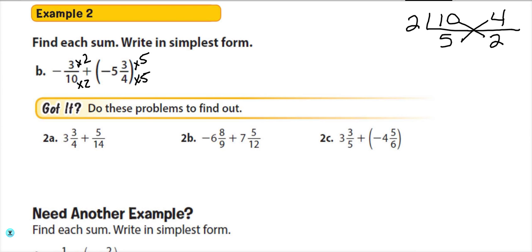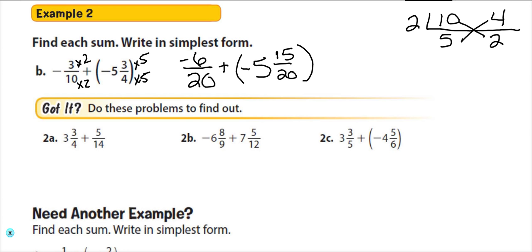Okay, so let's do this. It's going to be negative 3 times 2, which is negative 6, over 20, plus negative 5, and then we're going to have 15 twentieths. Now we've got to figure out, do we have same signs or different signs? We have a negative and a negative. So same signs, add and keep. So we have technically nothing there, so 0 and 5. That's going to be negative 5.